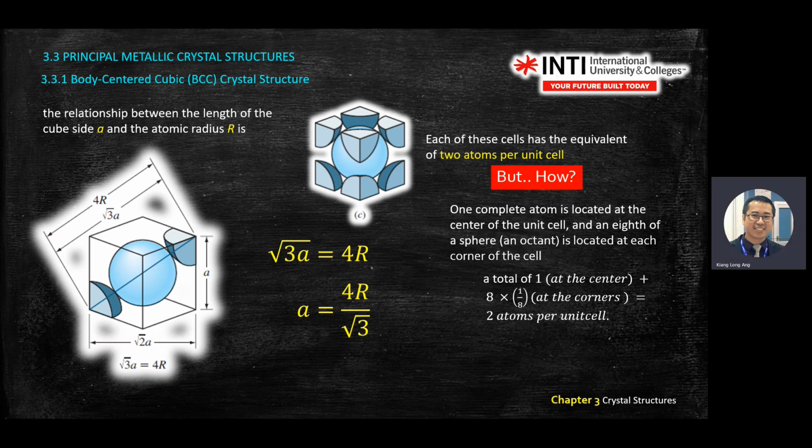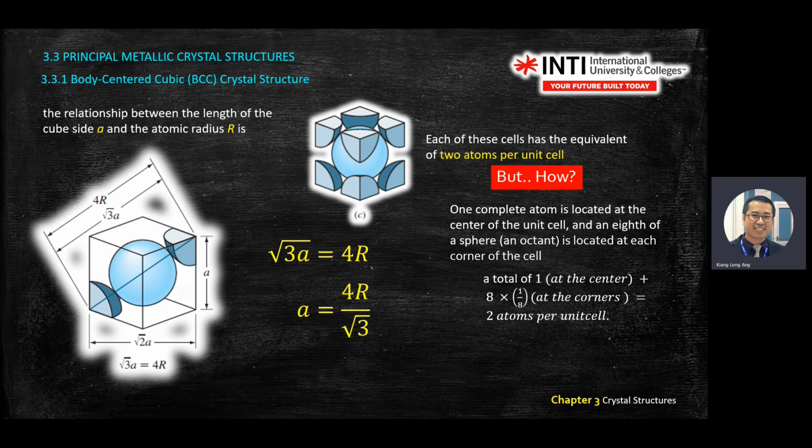Again, X equals square root of A square plus 2A square. At the end, you get 3A square, so you get square root 3A. Agree?